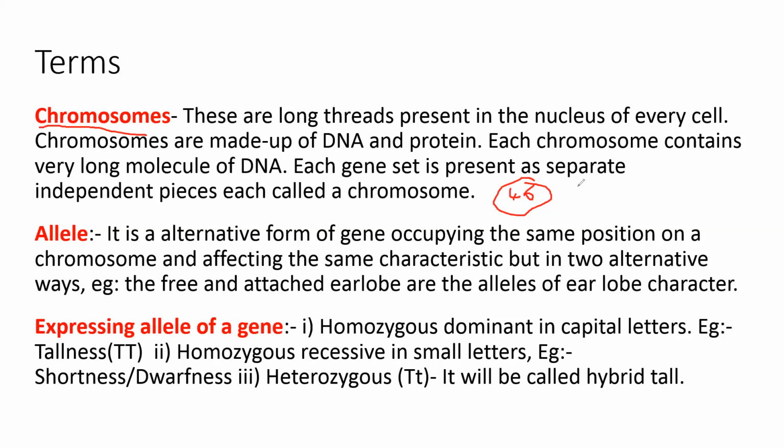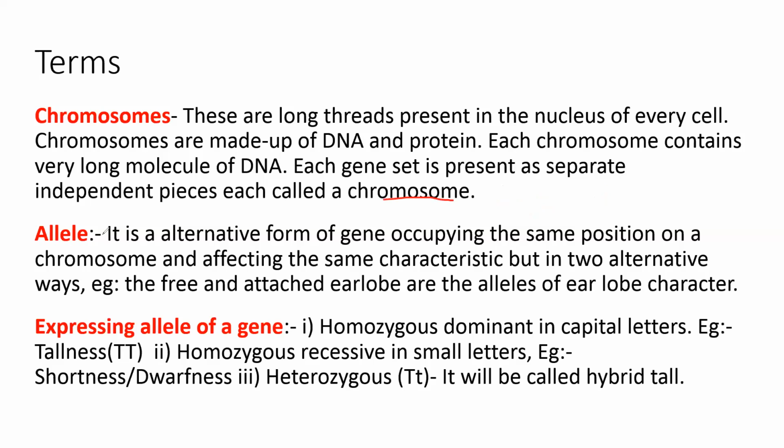The 23rd pair controls the same characteristic for all human beings. Just like that, there are 23 different pairs, responsible for different traits. Each gene set is present as an independent piece, and this is called a chromosome.